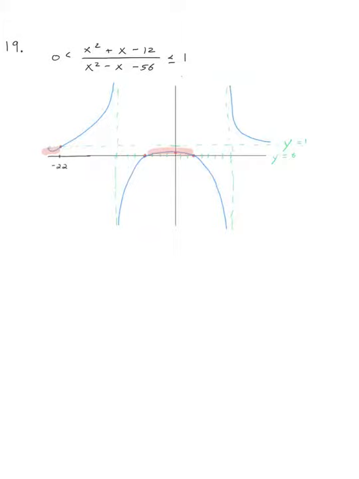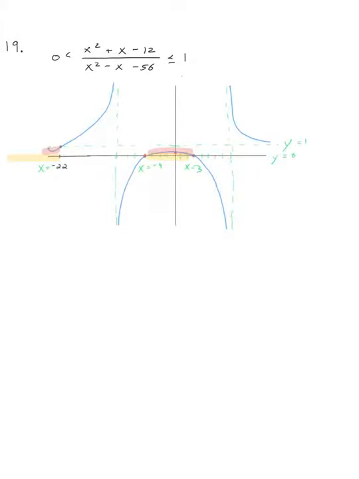The relevant corresponding x values: x equals -4 and +3, but also this one, this -22 that we got in the problem as well. So that means on the x-axis, I'm going from here to here, but also from -22 going in that direction forever.